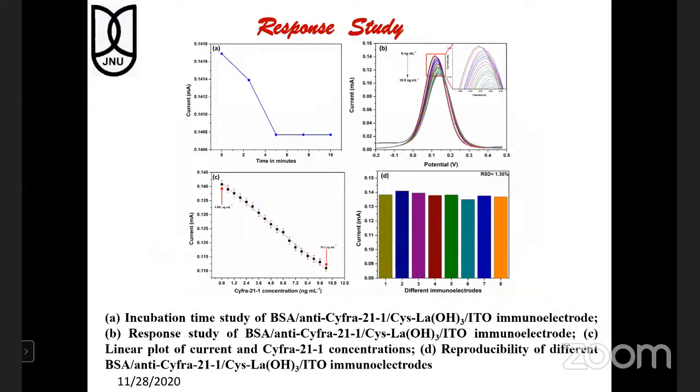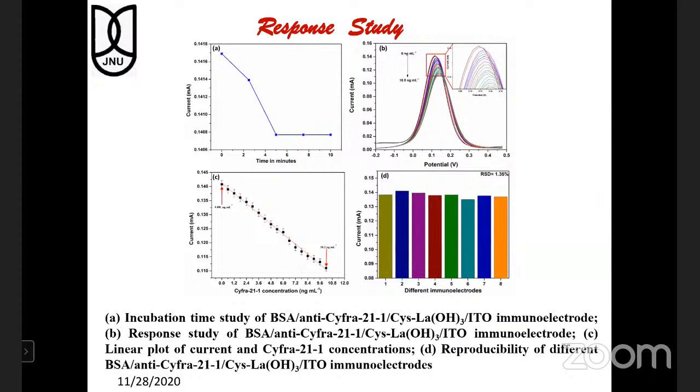Finally, we find out the response time, that is, how quickly our electrode gives the response with the analyte concentration. You can see we have chosen different times with the same concentration, from 0 to 10 minutes. We optimized the response up to 10 minutes, and you can see the current does not change after 5 minutes.